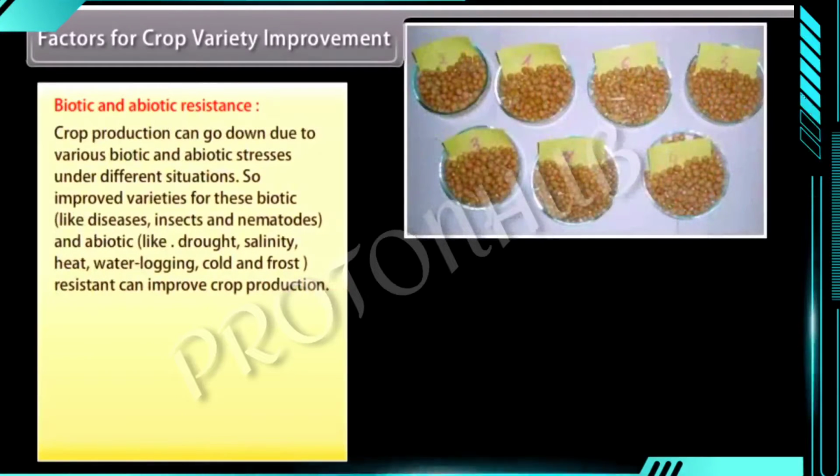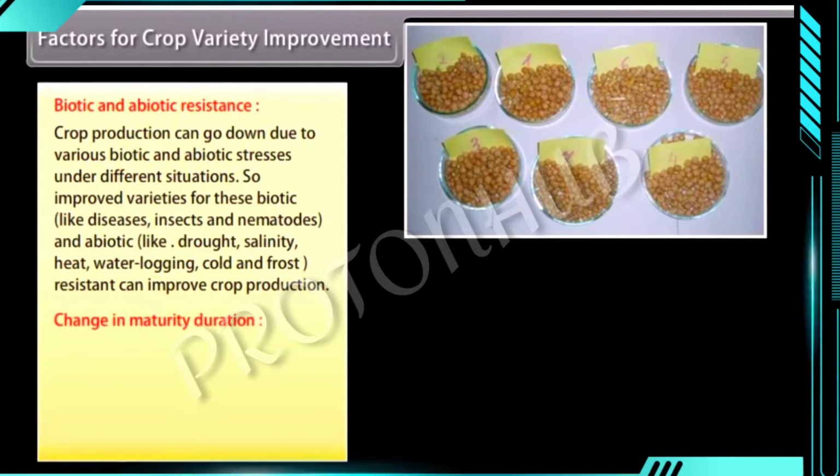Crop production can go down due to various biotic and abiotic stresses under different situations. So, improved varieties resistant to biotic stresses, like diseases, insects, and nematodes, and abiotic stresses, like drought, salinity, heat, waterlogging, cold and frost, can improve crop production.